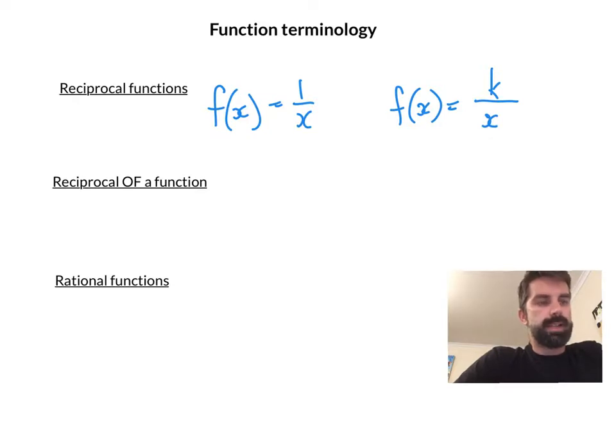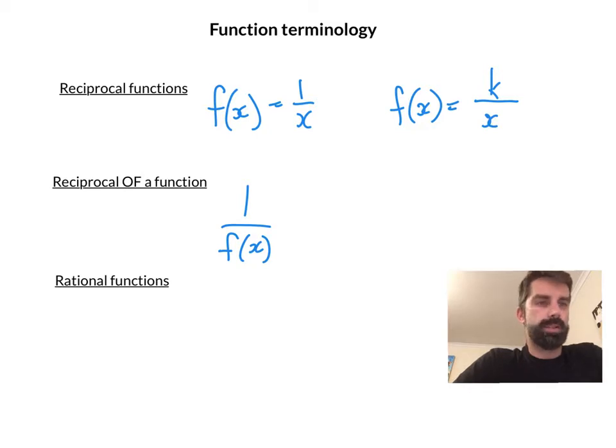There's a slightly confusing point here next because we also talk about the reciprocal of a function. Now remember, reciprocal basically means 1 over. So if we talk about a reciprocal function, we're talking about 1 over something. If we talk about the reciprocal of a function, that's where we actually have 1 over the function.